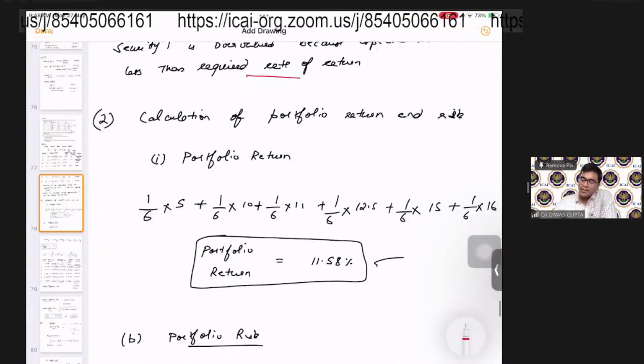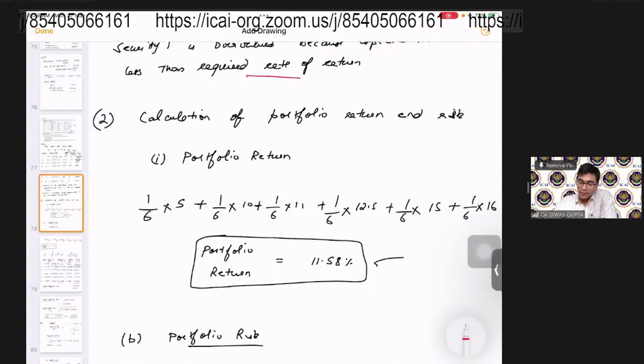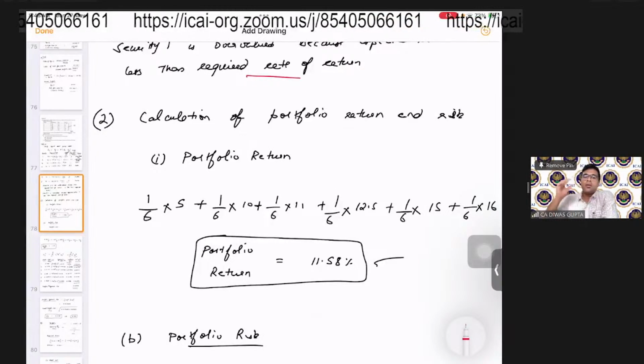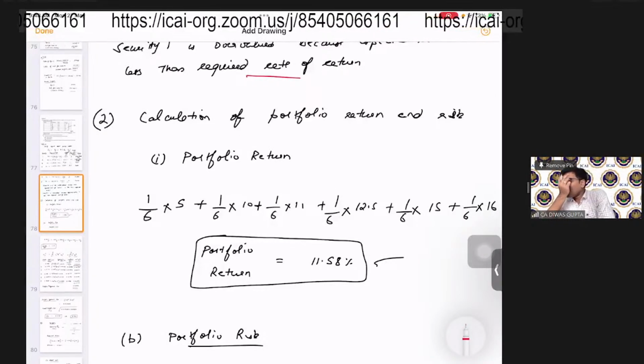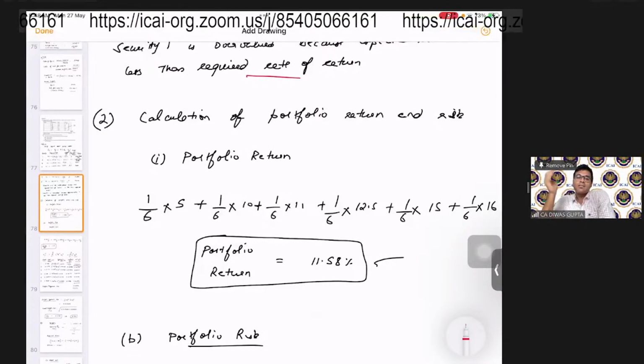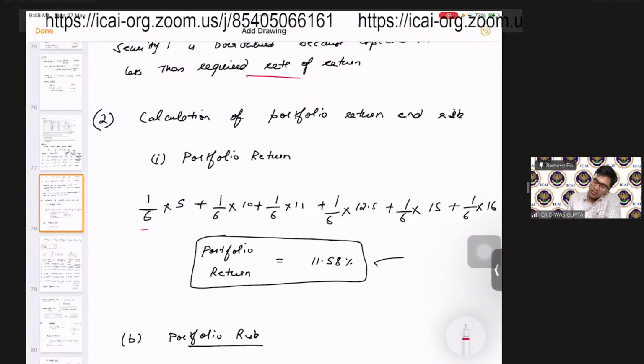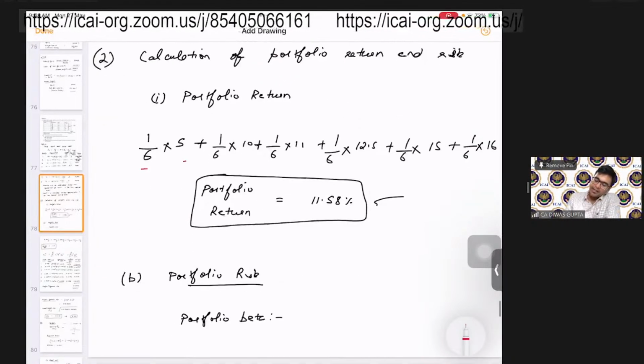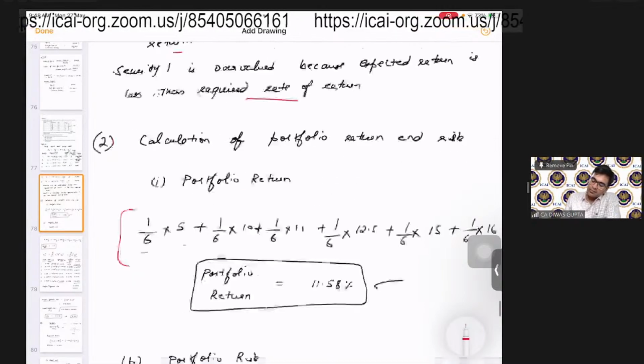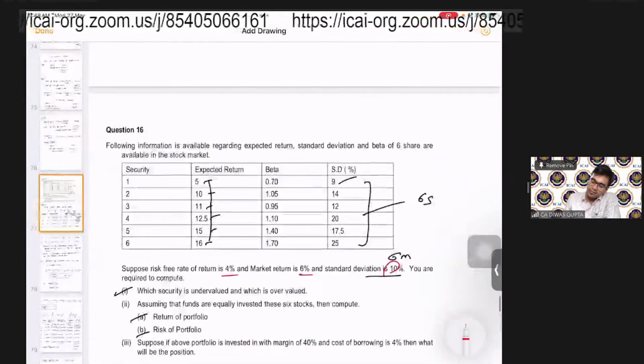Now in the second part, they're asking us to calculate the portfolio return and risk, students. Portfolio return: 1/6, 1/6, because there are 6 securities, equal proportion we are investing. So 1/6 into the respective returns, here we will take the 5, 10, 11, these returns.